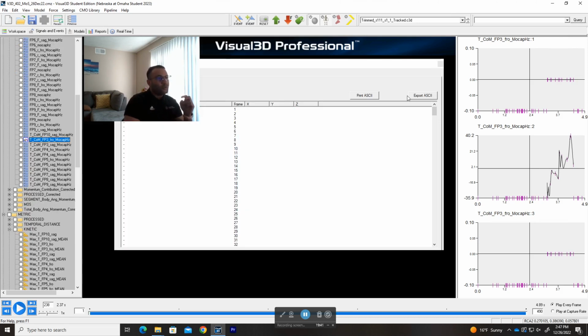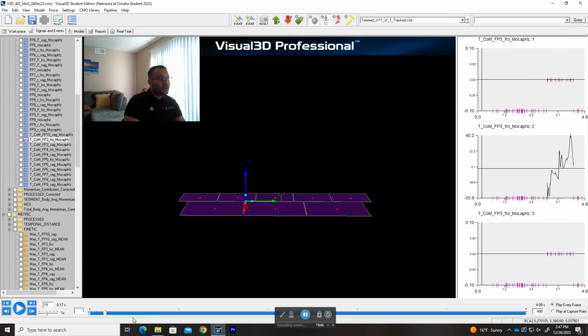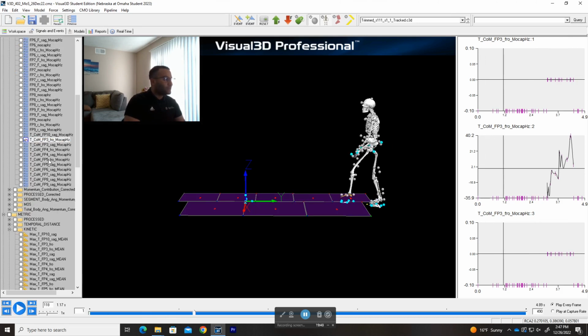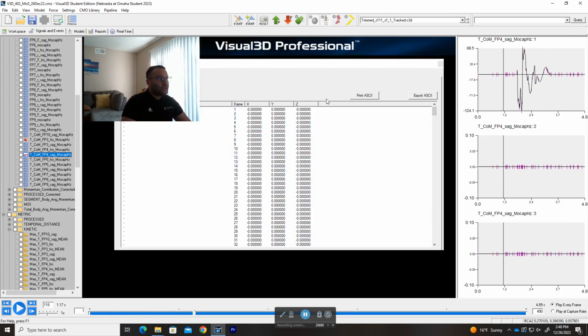So for example, they stepped on force plate 5 first. When you go to force plate 5 sagittal, it gives you the cross product for x, because it's sagittal, and we got the cross product between these two.